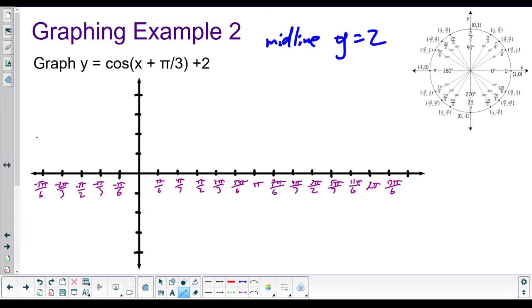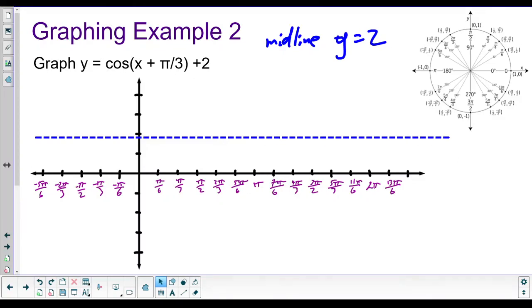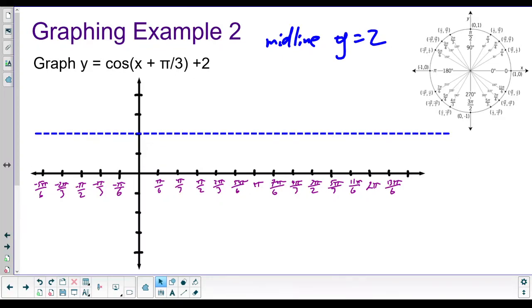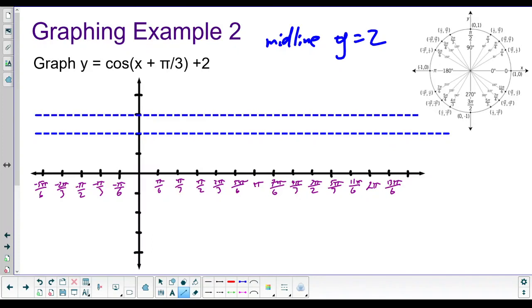Okay. This is our midline. Okay. Our maximum is 1 above that and our minimum is 1 below that. So let's put those. Let's make this blue also. So our maximum is going to be 1 above that.